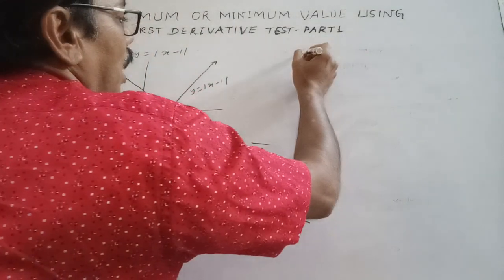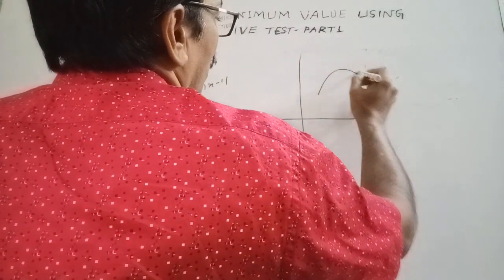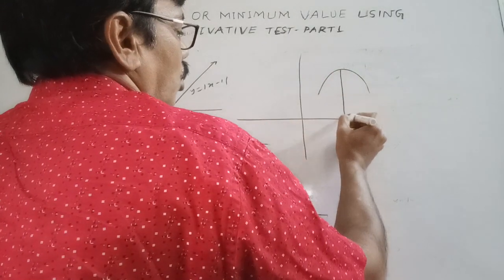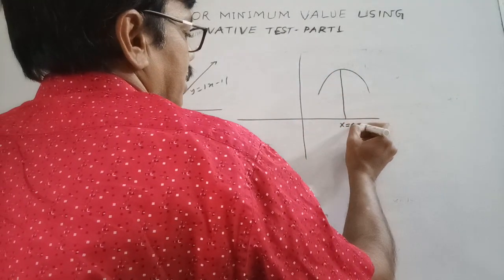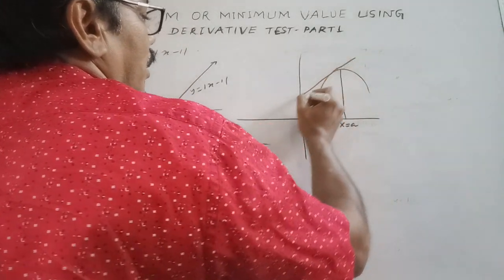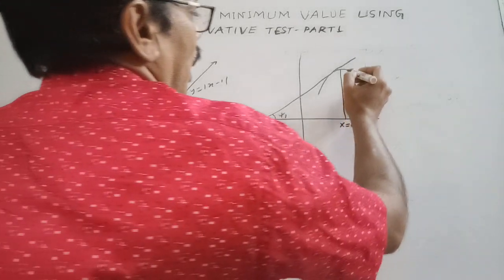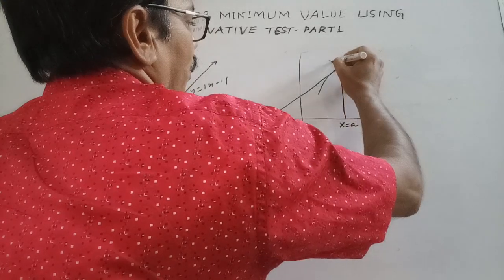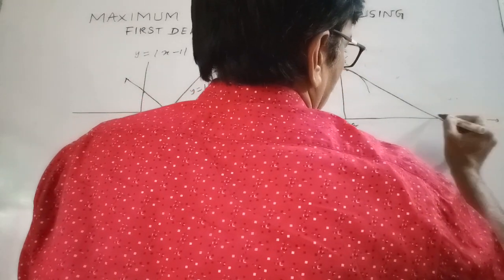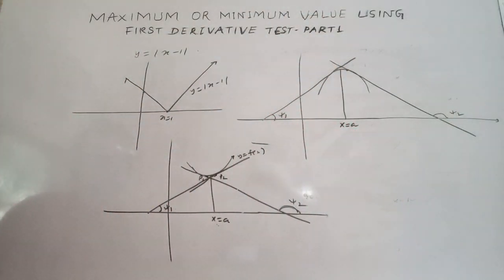Now, for maximum value, you know the graph will be of this type. This is the topmost point, it is greatest. For a minus, this is a minus, this is psi 1 and this is for a plus. If you draw the figure, this is psi 2.